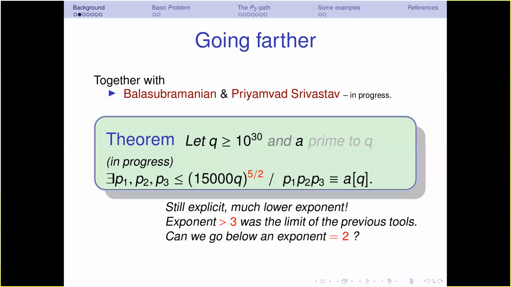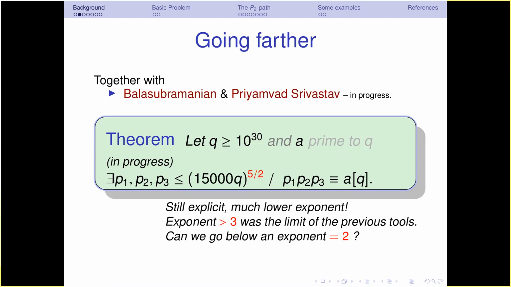So once we had that, we continued working with Balu Subramanian. And because the previous proof was stuck at q cubed, I mean the exponent 3, we wanted to see whether we could beat this 3, and we were just finishing the paper, and it will be submitted tomorrow or the day after.